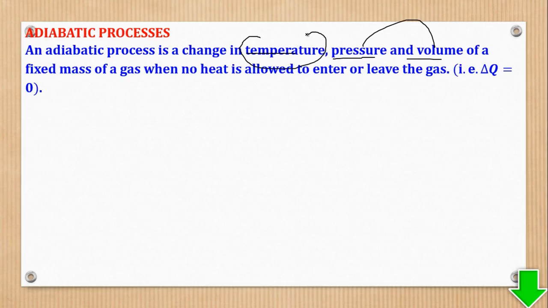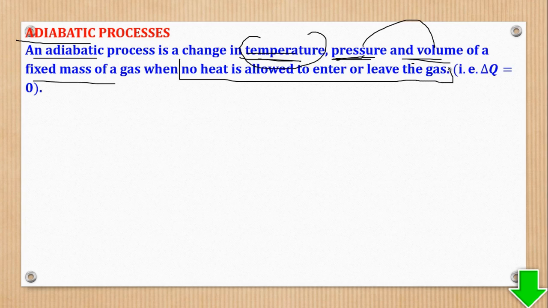When it comes to adiabatic, all the three change. So adiabatic process is a change in temperature, pressure, and volume of a fixed mass of a gas, but the condition is that no heat is allowed to enter or leave the gas. That means that dq is equal to 0.